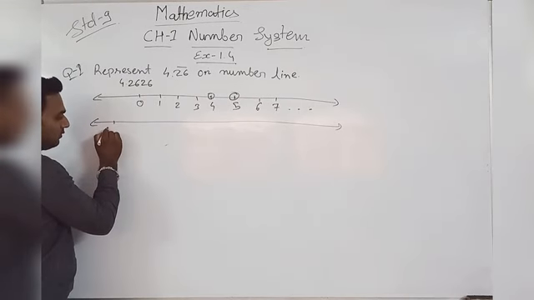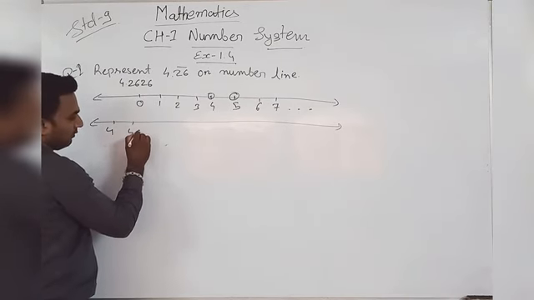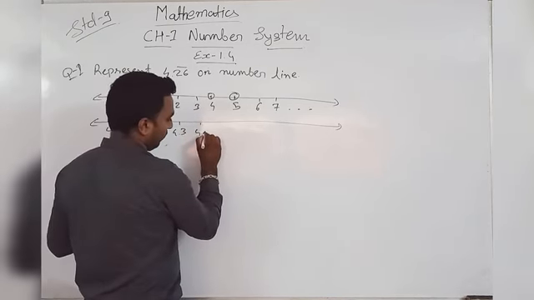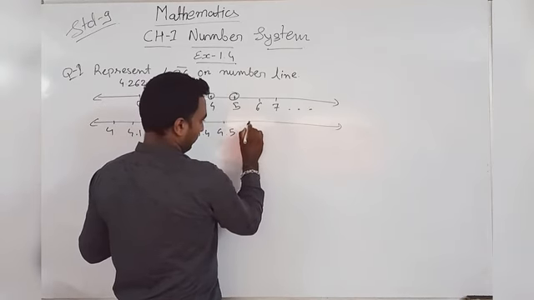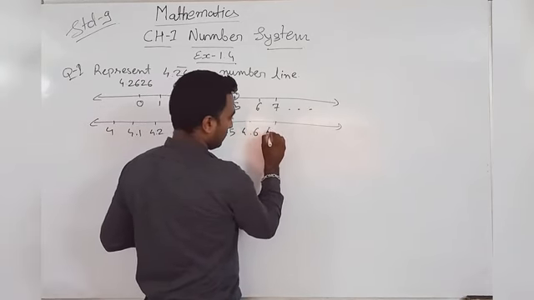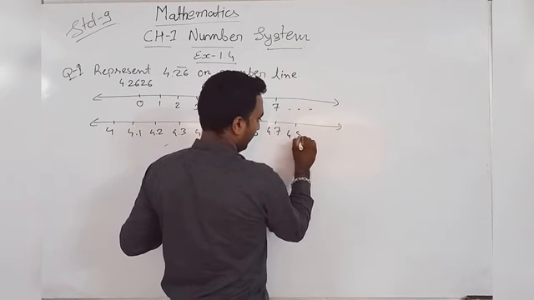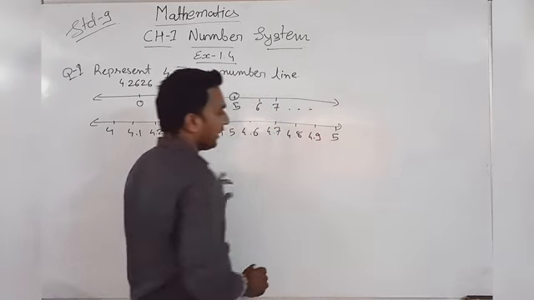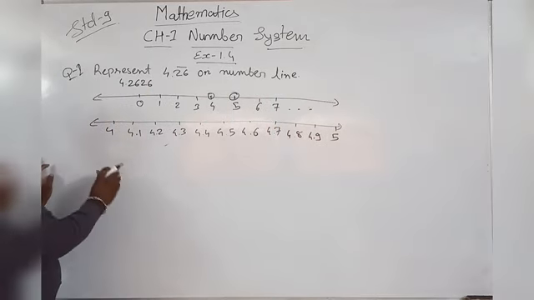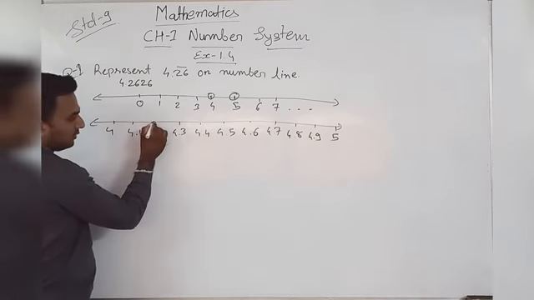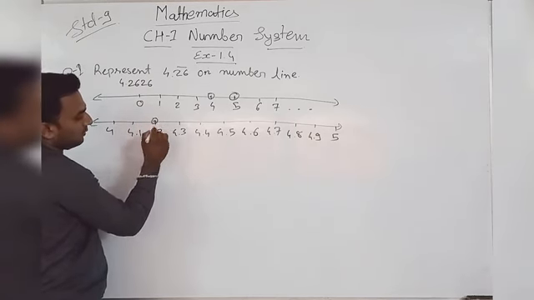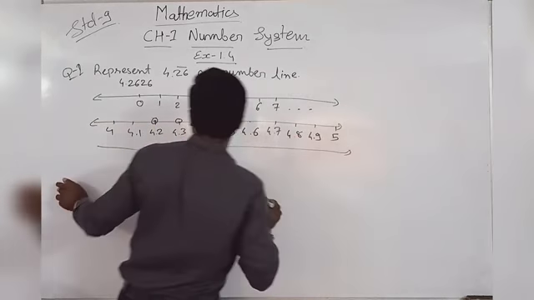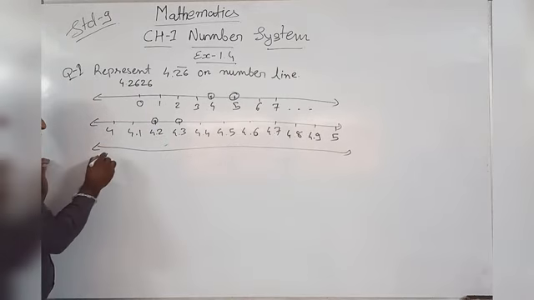This is 4, after that 4.1, 4.2, 4.3, 4.4, 4.5, 4.6, 4.7, 4.8, 4.9 and last 5. Clear? Next, again 4.2626. Here 4.2, then 26 is coming after 4.2.